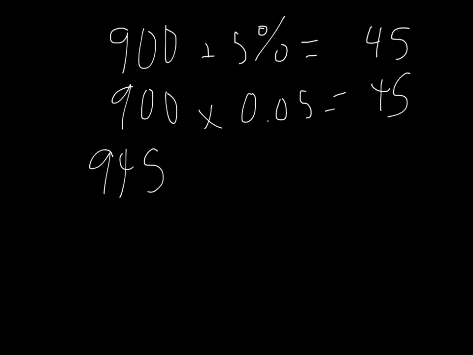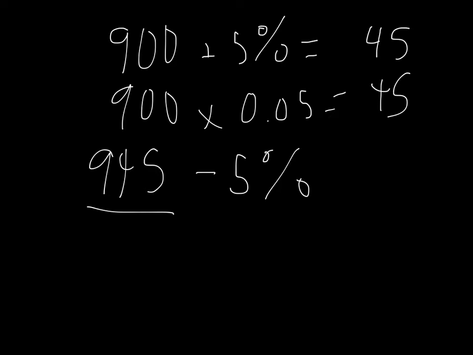If I have $945 and I'm going to remove 5% of that now, what's bigger, 5% of 900 or 5% of 945? 5% of 945 is bigger, which means I'm going to be removing more than I added on. If I was doing 5% of 900 still, then it would just cancel out, but they don't. That's where the trick is. That's probably where you got duped.